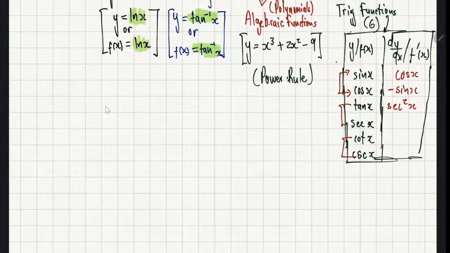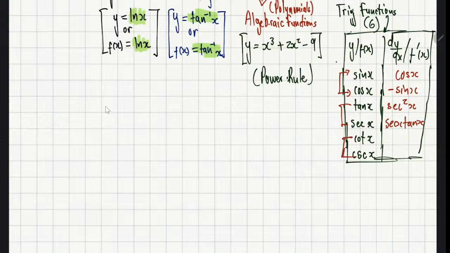So tan will give you sec, but tan is more powerful. So tan will give you sec squared. But sec can't give you tan squared. It will give you sec x first, then it gives tan x. So it will give you this version. It first comes again, then it puts tan x.